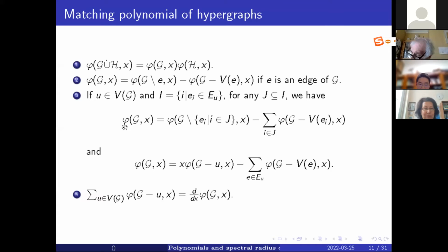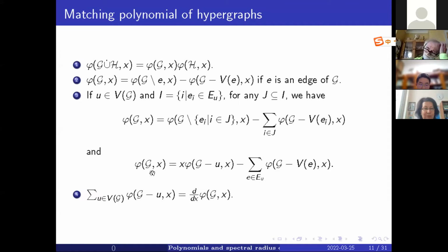The matching polynomial of G is equal to the matching polynomial of the hypergraph obtained from G by deleting these edges, minus the sum of the matching polynomials of the hypergraphs obtained from G by deleting the vertices in the edge E_i.